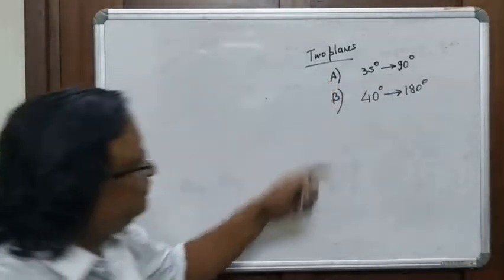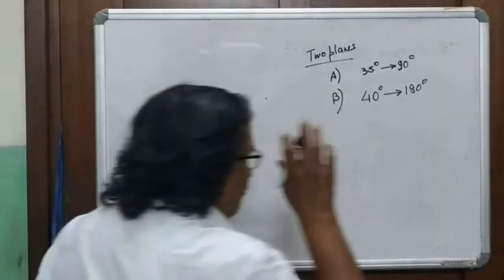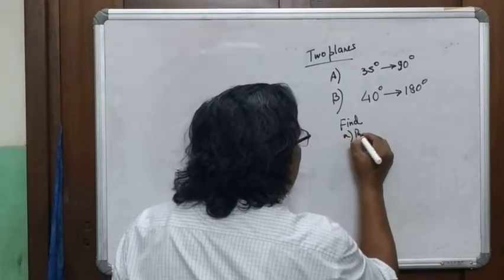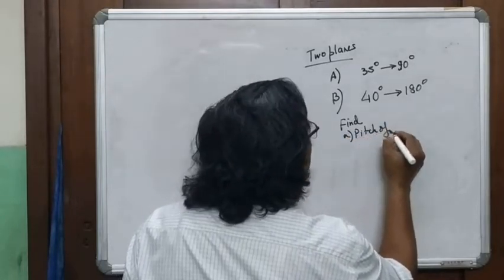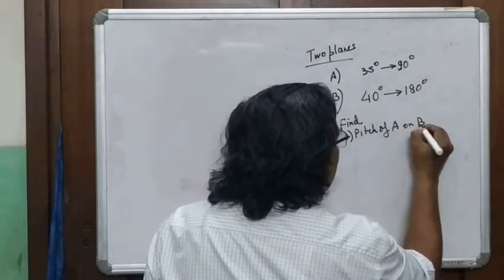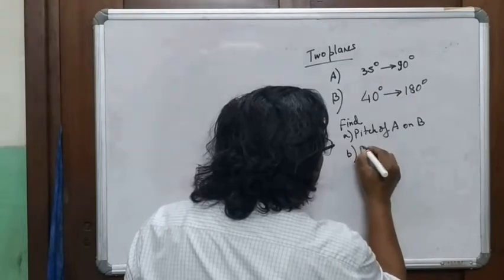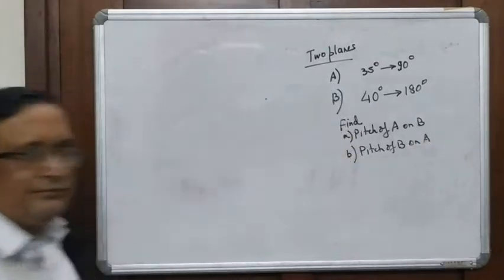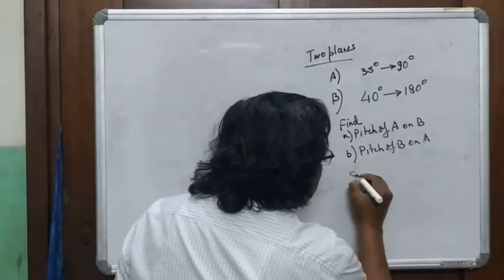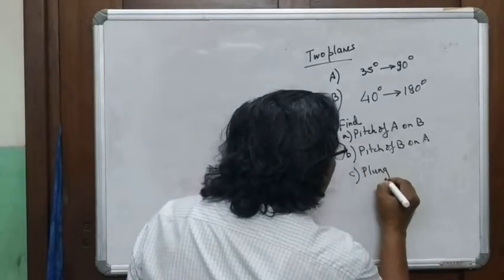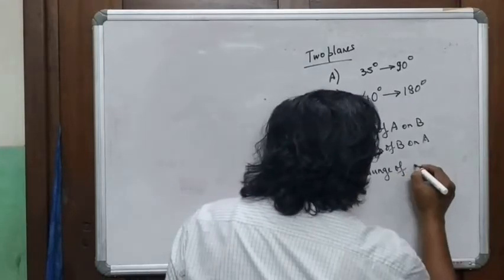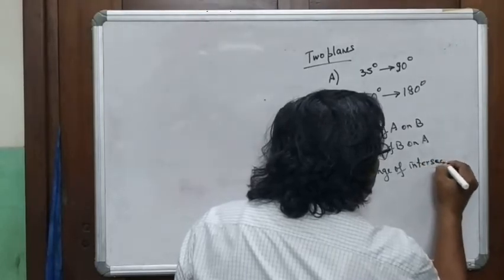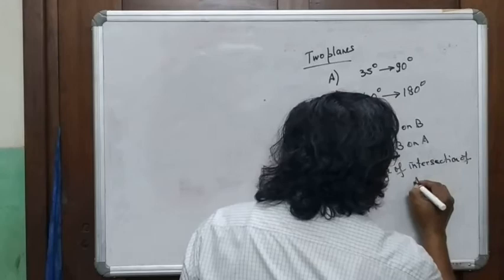These are 2 planes. Find A, pitch of A on B. Pitch of B on A. C, plunge of intersection of AB.